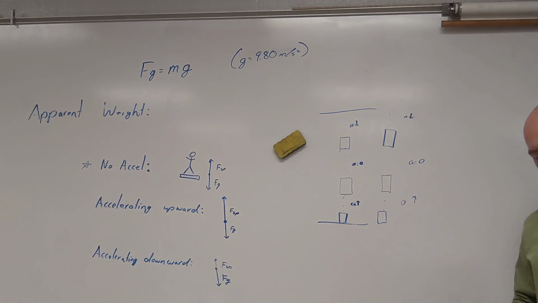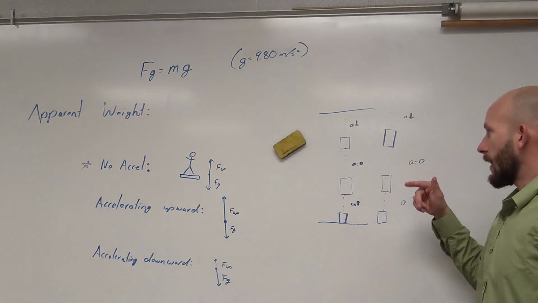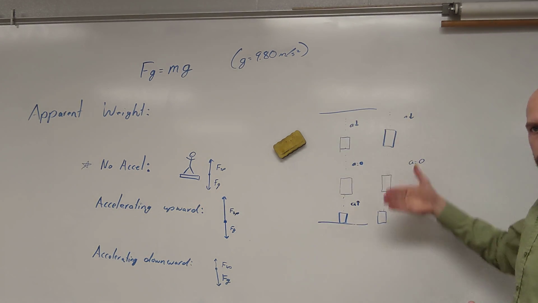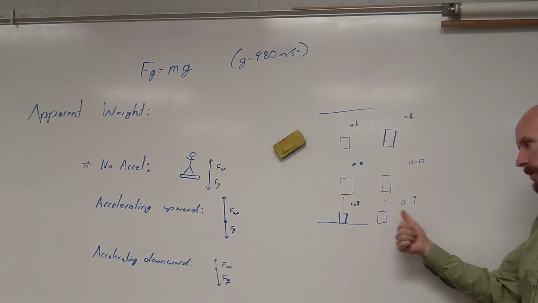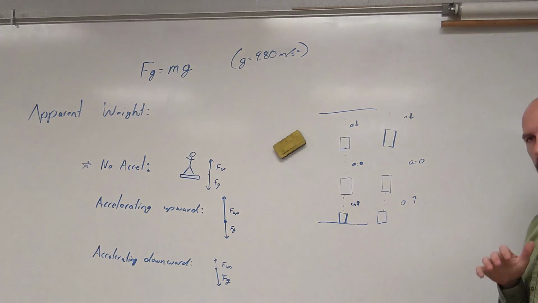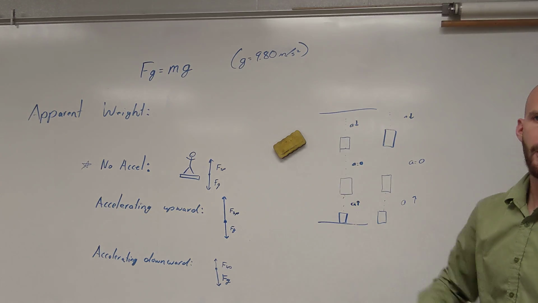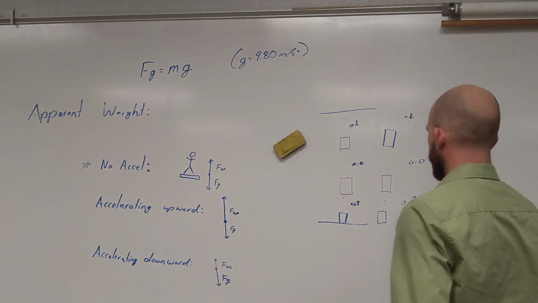Okay? So there's 3 different cases, and they can each happen either going upward or downward. But just pay attention to the direction of acceleration, and that will indicate the net force and what your apparent weight would be. All right.